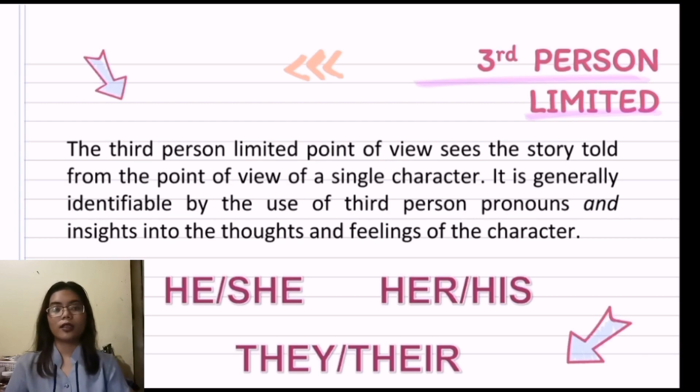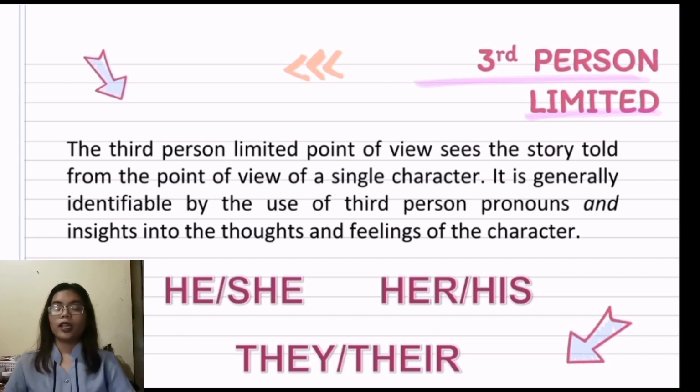Next is third person limited. The third person limited point of view sees the story told from the point of view of a single character. It is generally identifiable by the use of third person pronouns and insights into the thoughts and feelings of the character.